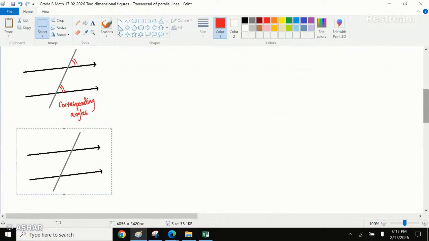Okay. If we had this angle with us, this angle with this, or this angle with this, these angles are known as vertical angles. Okay. Do we agree? Let's have a look at some other.